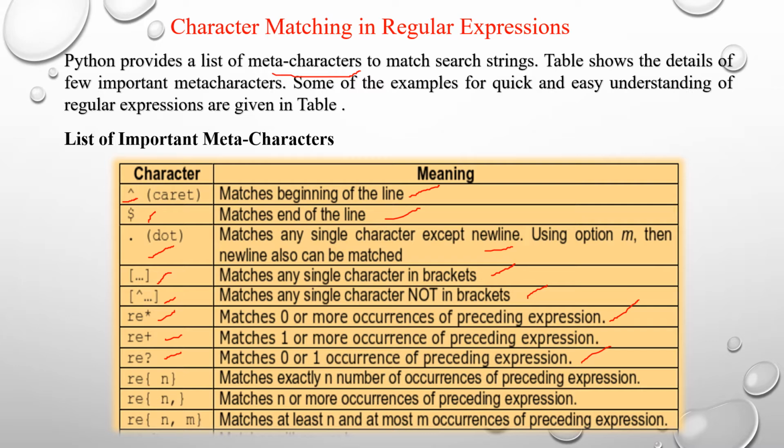So re curly brace of n comma: the meaning of this is matches n or more occurrences of the preceding expression. And the next is re curly brace of n comma m: the meaning of this is matches at least n and at most m occurrences of the preceding expression.